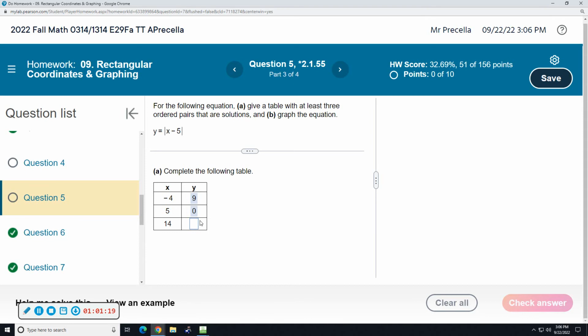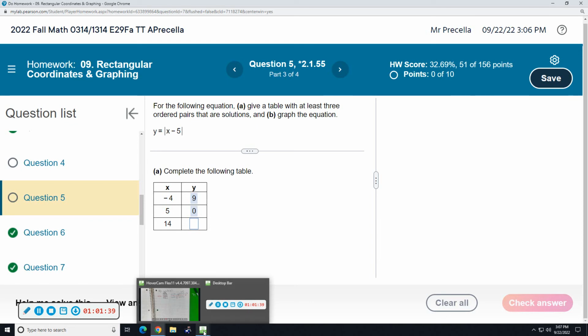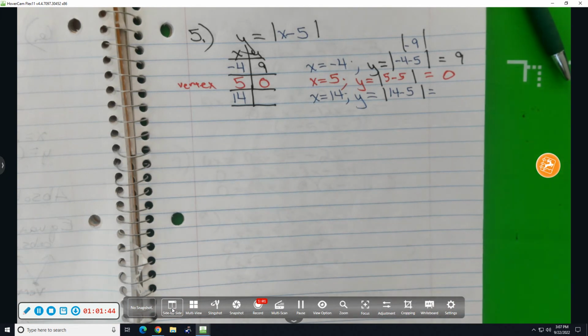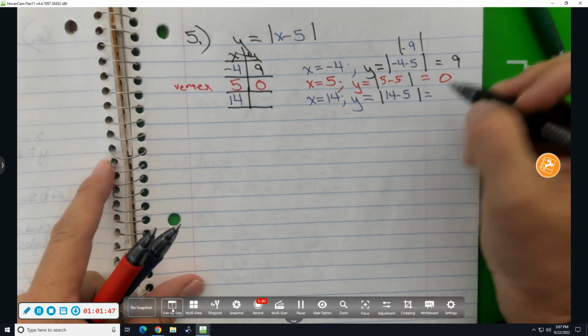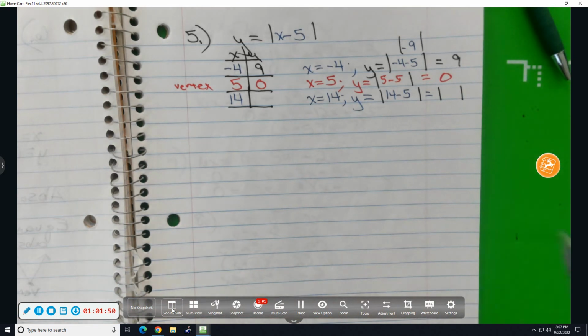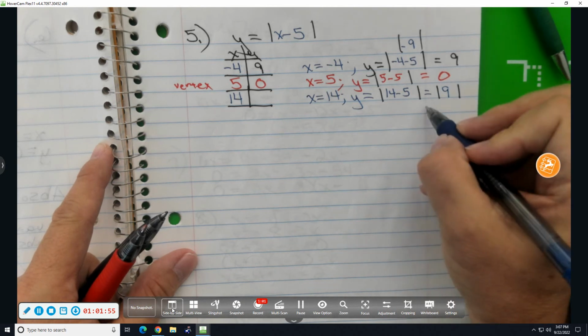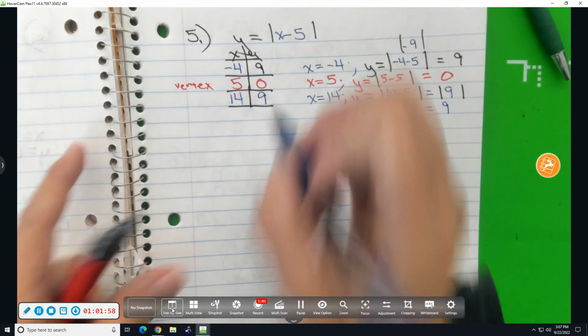So plugging in 14, x equals 14, we get y equals the absolute value of 14 minus 5. Oh, wait a minute, thank you. Okay. 14 minus 5, that's a 9. Thank you for pointing out that you couldn't see what I was writing. And the absolute value of 9 is 9.